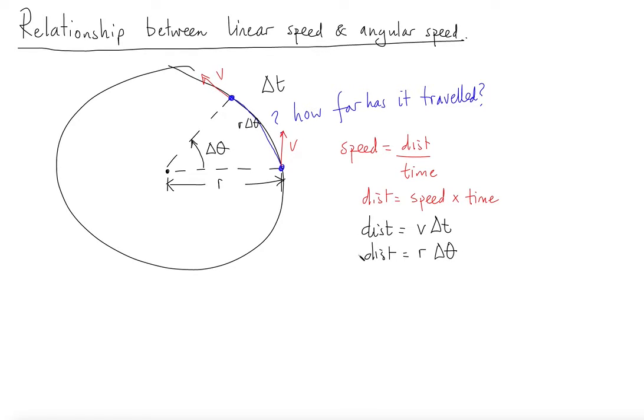So we can put these two things equal to each other: v delta t equals r delta theta. Divide both sides by delta t, those two cancel, and I get v equals r delta theta over delta t, which is just the same as the angular speed. So we have that the linear speed equals r times the angular speed.